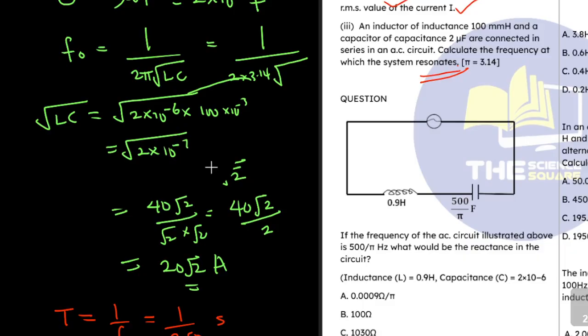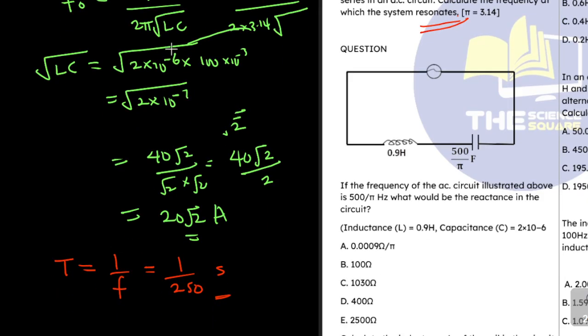Let me punch the calculator. Then we multiply that by 2 times 3.14. Then you say 1 divided by the answer. So we'll get our frequency.